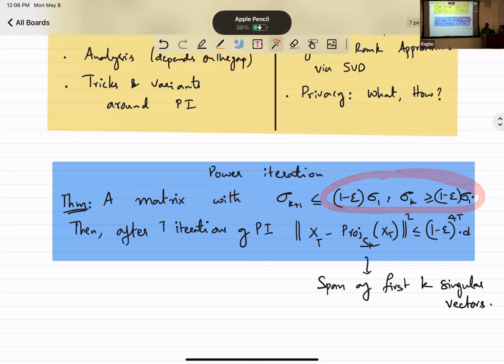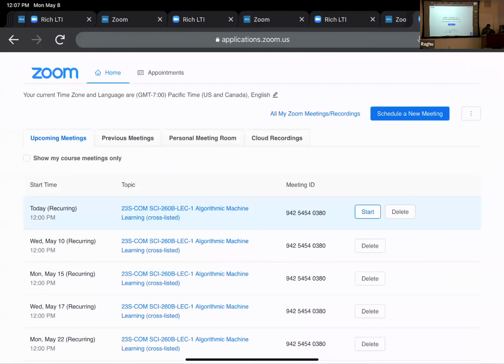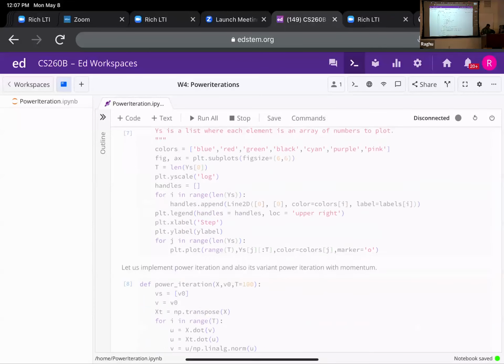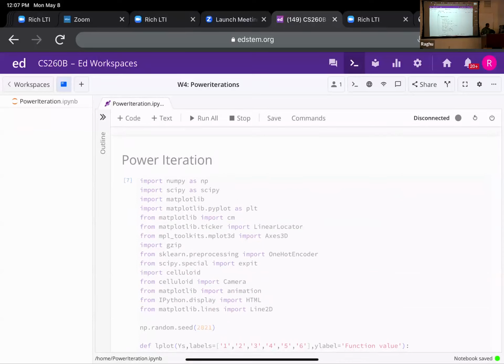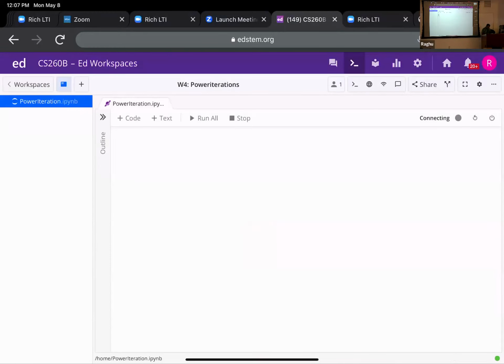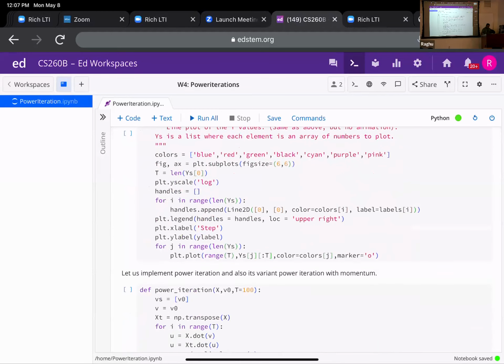And this is something you can easily test out. So let's see what happens. Just as usual, there's an implementation of power iteration that you can also see, and we have the plotting software.